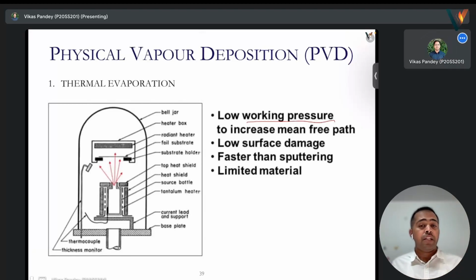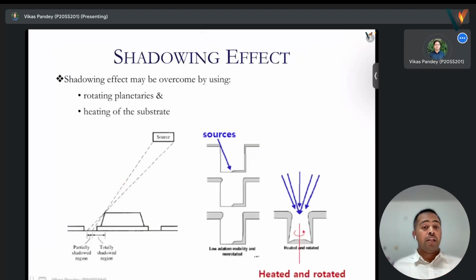That is why it has low surface damage, and it is much faster compared to sputtering, but there are a limited number of materials that can be deposited during thermal evaporation. Then there is something called shadowing. Suppose we have a structure like this and we are trying to deposit on it. If we are just putting it and it is going there, it might not lead to proper, uniform coating, but we want uniform coating.